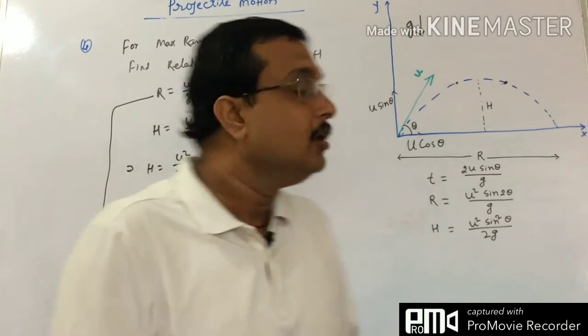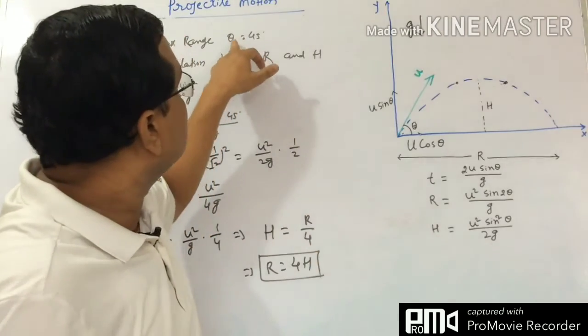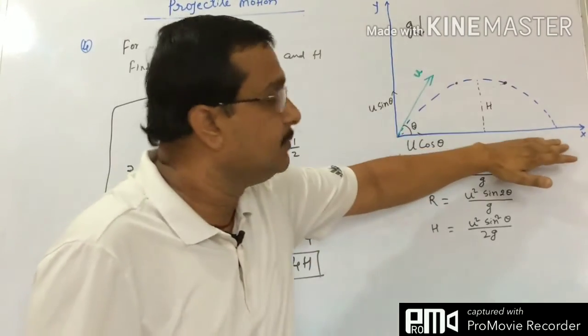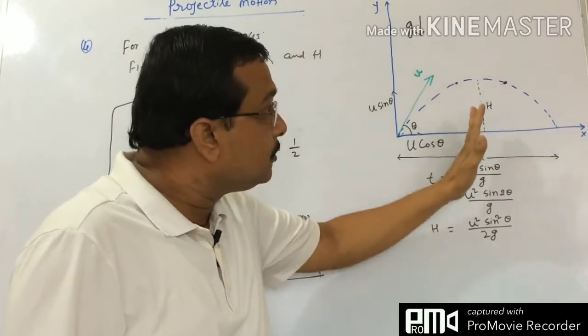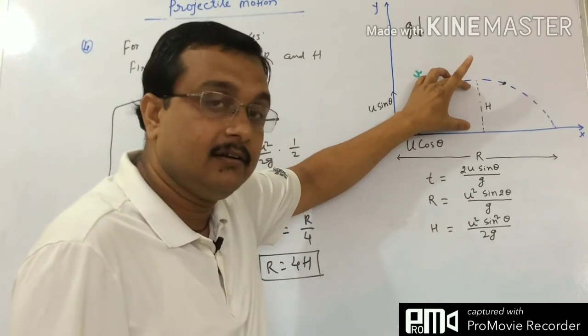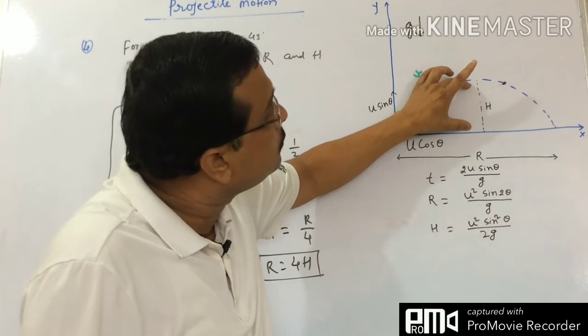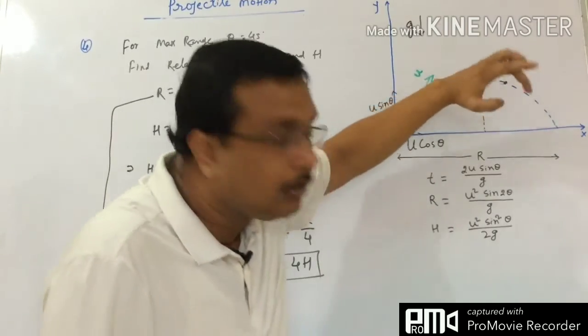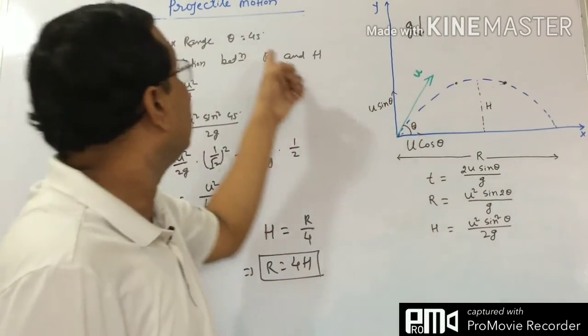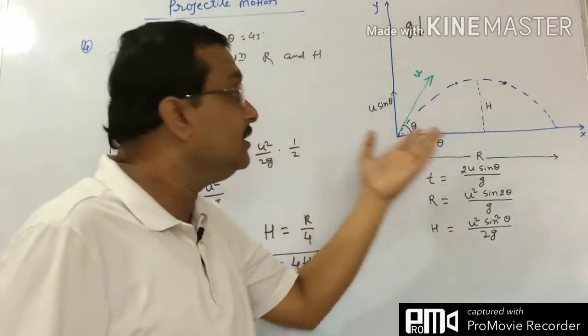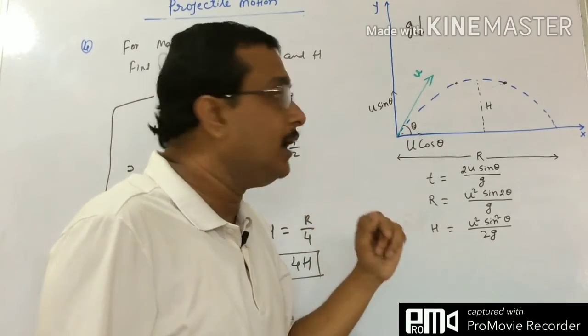When you are solving, you must have the concept. When the angle is 45 degree, range is maximum. But what is the relation with height? If you get the height, suppose it is 10 meter, definitely the range is 40 meter, because the particle is thrown at an angle of 45 degree and range is maximum in this case. That's fine. So write it down.